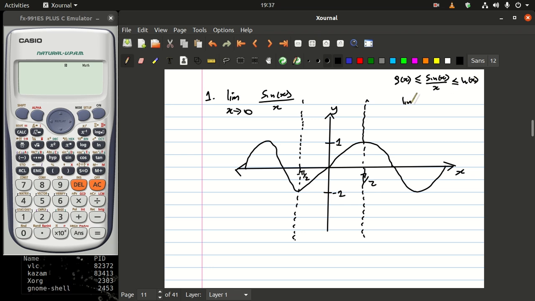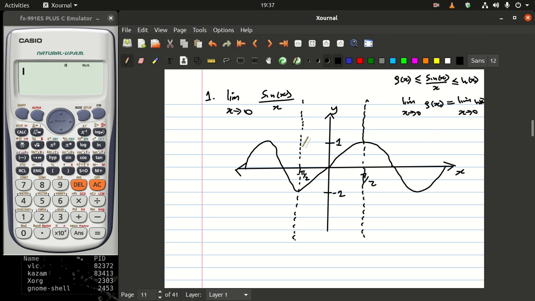So that the limit as x approaches 0 of g of x must be equal to the limit as x approaches 0 of h of x, so that if these limits are equal, then the limit that we're getting here should be the same as that.